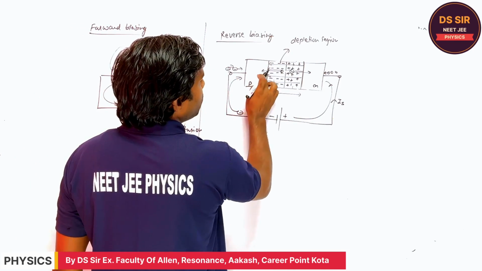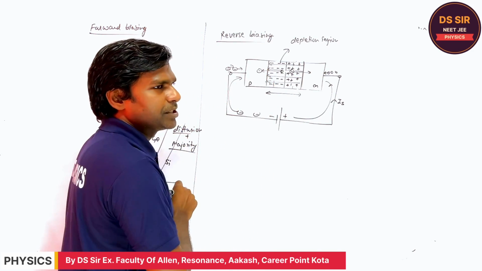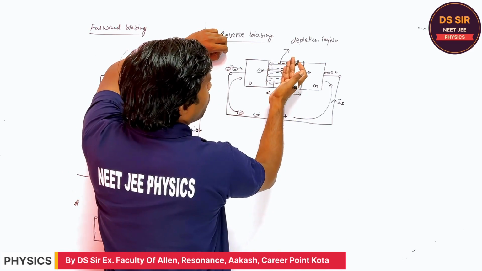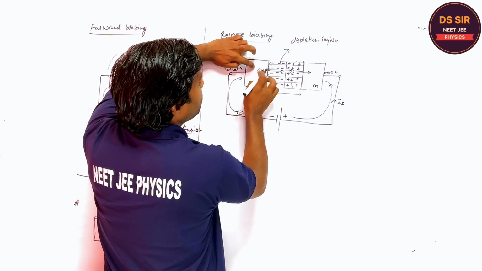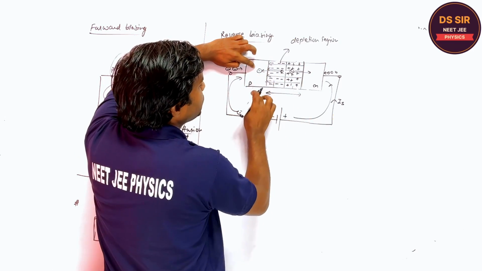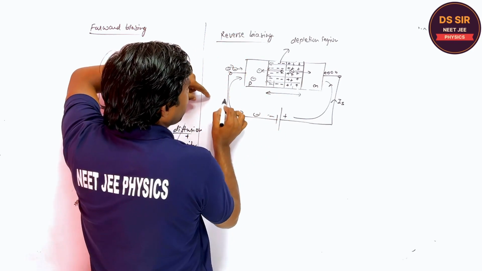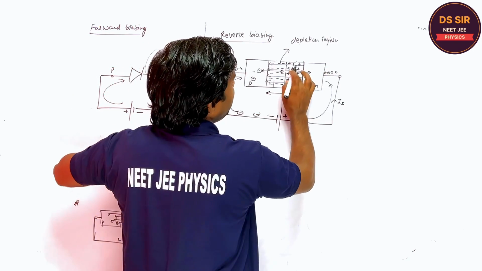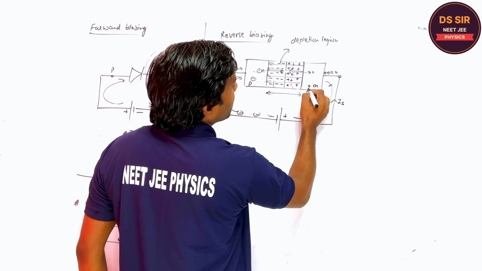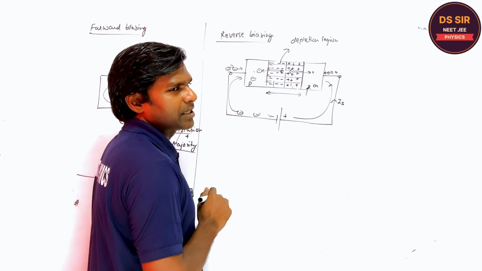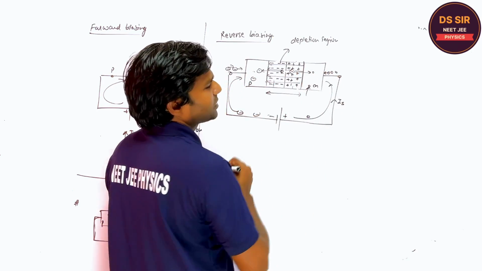Here in p-type, the holes are the majority charge carrier and the electrons are the minority charge carrier. So you may consider that when the hole comes out from the depletion region into the p-type, it combines with the electron, which is a minority charge carrier in the p side, and these electrons are being supplied by this side. In the same way, the electron combines with the hole, which is the minority charge carrier in the n side, and therefore this small number of holes is supplied by this side.